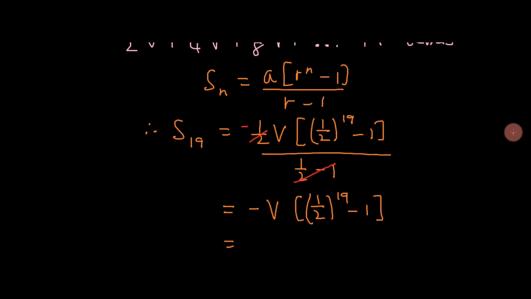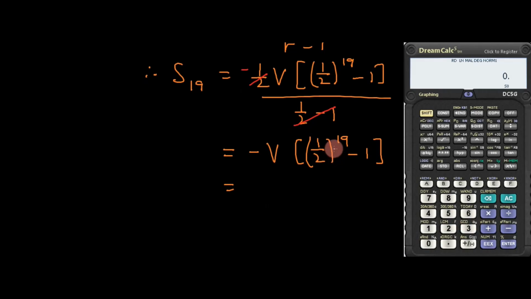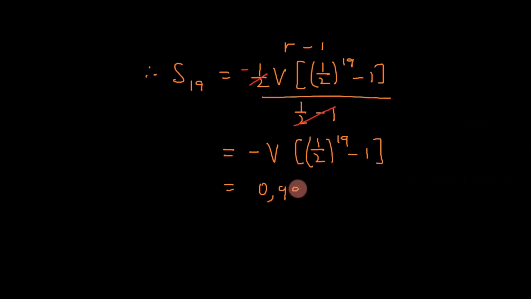We can do this on a calculator. So it's a half to the 19 minus 1. That's negative 0.999, etc., multiplied by this negative here, will be 0.999, etc., V. Now, 0.999, etc., V is less than 1V.